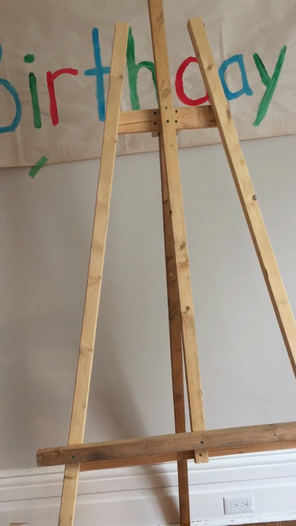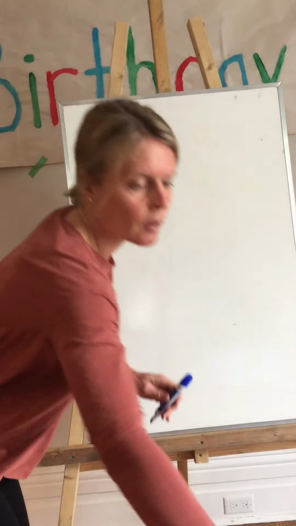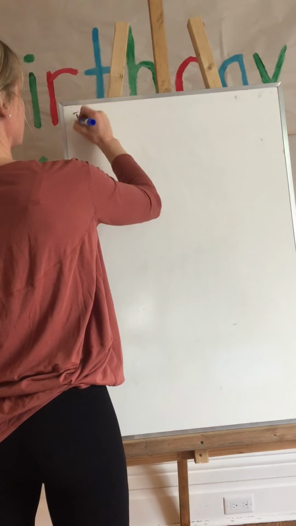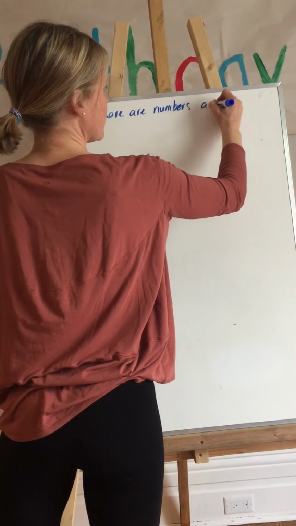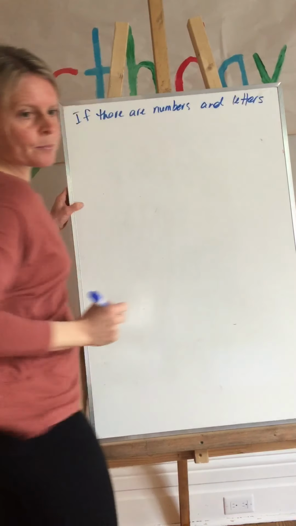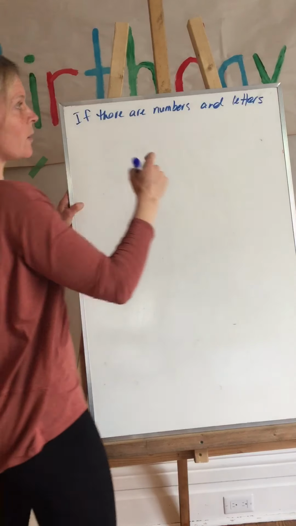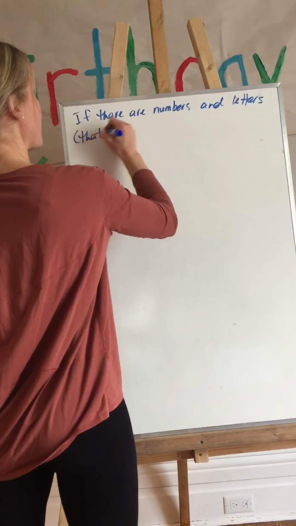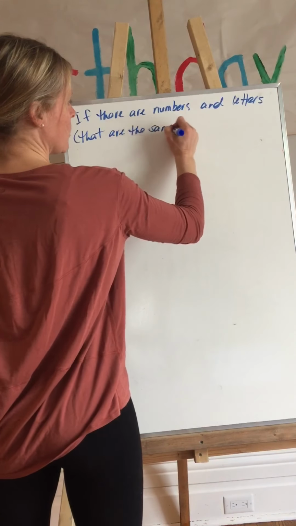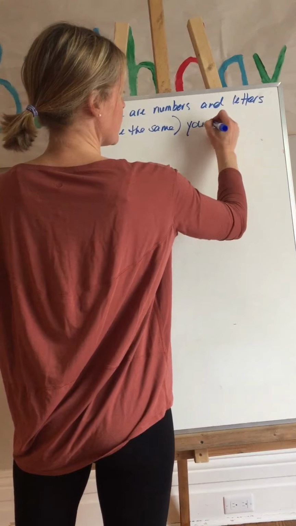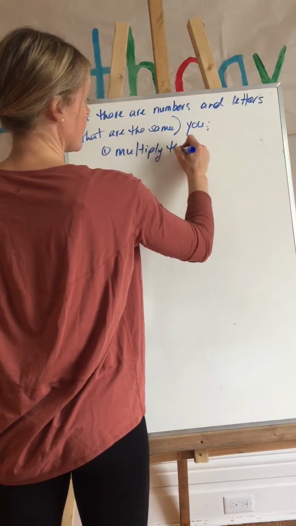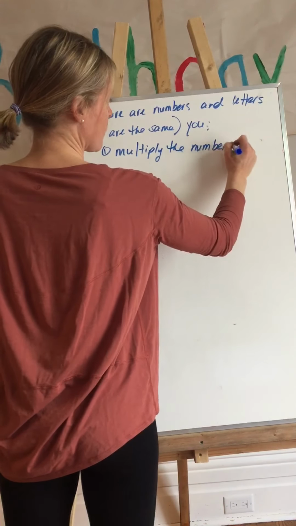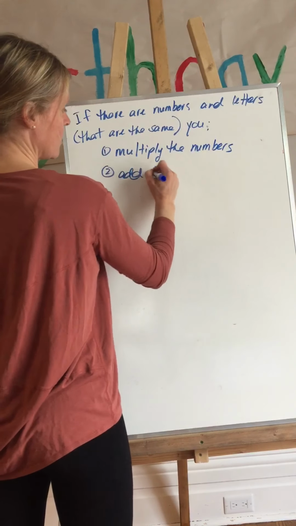Lastly, if there are numbers and letters, and in this case the letters are the same, you multiply the numbers and you add the exponents.